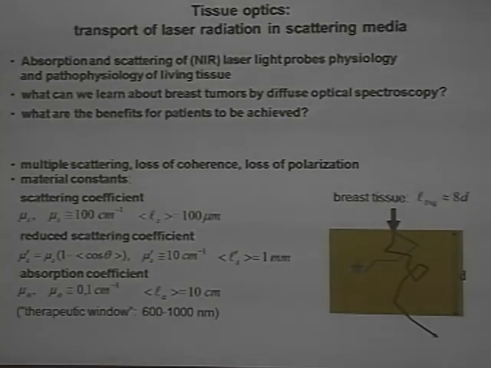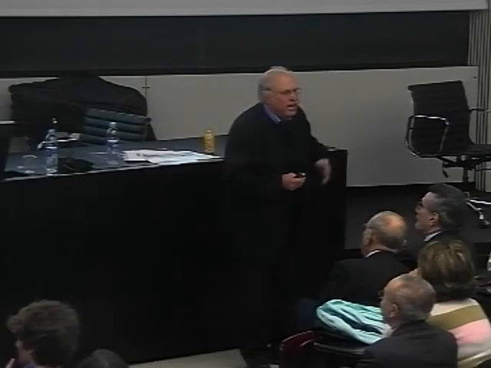So in order to understand this, let me go a bit into basic physics. We shine laser light on a piece of tissue, and the laser light is absorbed and scattered, and by absorption and scattering, you actually probe the pathology and pathophysiology of the tissue.